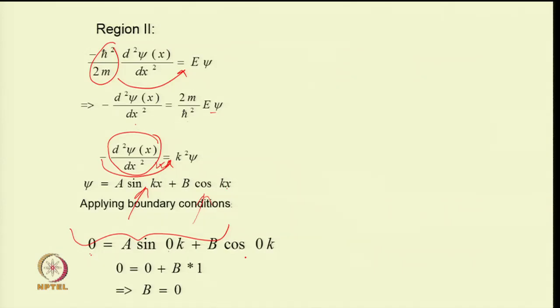So, at x is equal to 0, the wave function is 0. If I apply this condition, what I am going to get is B is equal to 0, since sin 0 is 0 and cos 0 is 1. So, now we got the value of B.